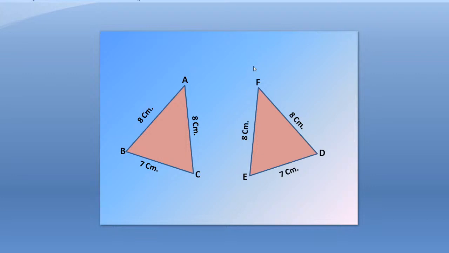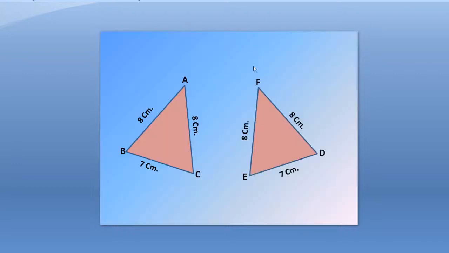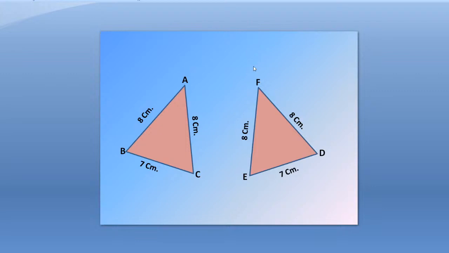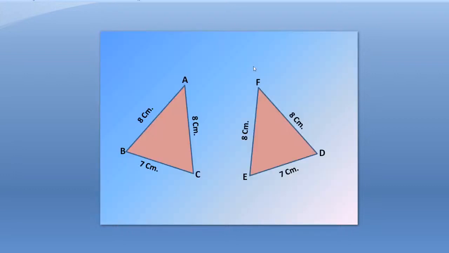So see here, for this figure FD corresponds to AB, DE corresponds to BC, and EF corresponds to CA.